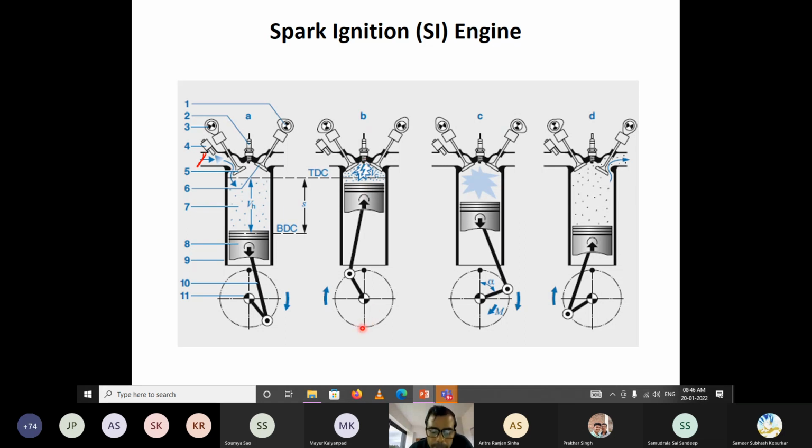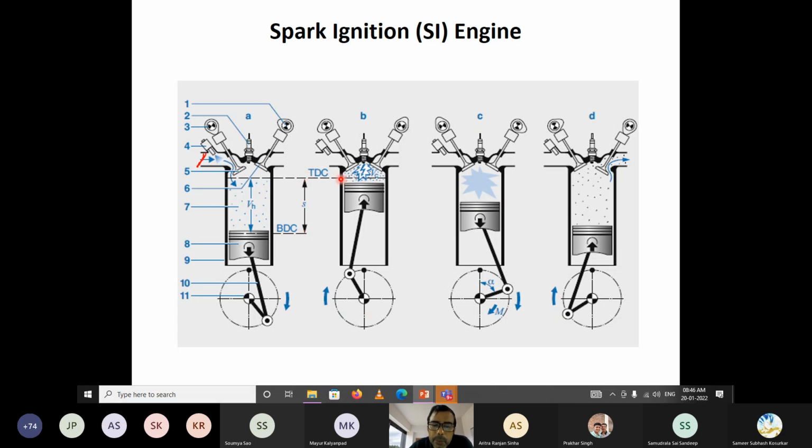So in the compression stroke, the intake valve is not immediately closed as soon as the piston moves from the bottom dead center to the top dead center. It remains open for a certain period of crank angle, and then the intake valve closes. And the mixture inside the combustion chamber is compressed during the compression stroke, in which the piston moves from the BDC to TDC.